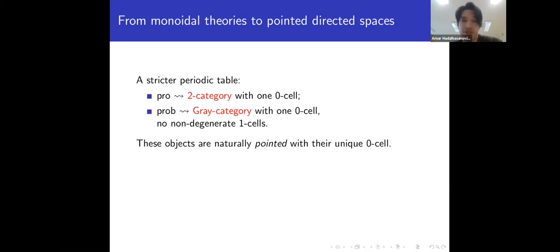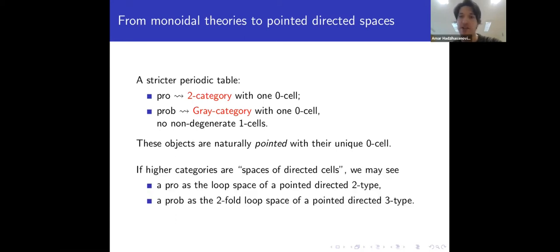So now, because these objects have a single zero cell, they're naturally pointed objects. So now I would like you to think of a higher category as being like a space of directed cells, kind of in the way that we can see a higher groupoid as being a space. So we see a higher category as a space of cells that have an orientation.